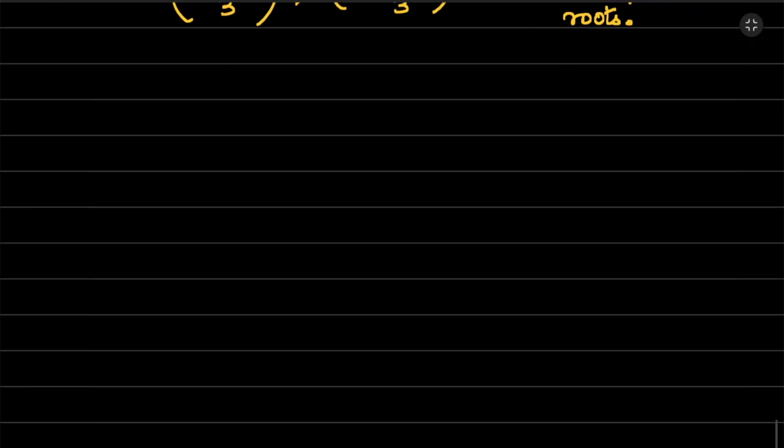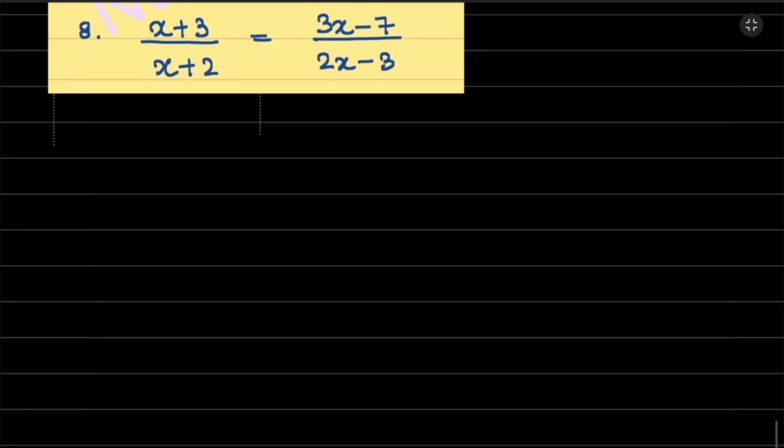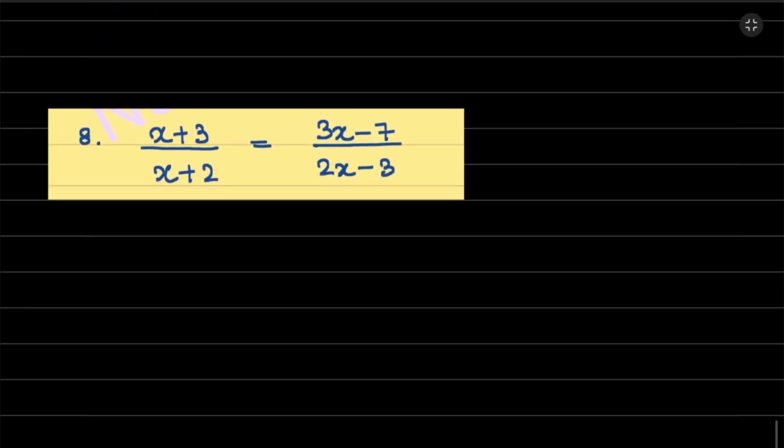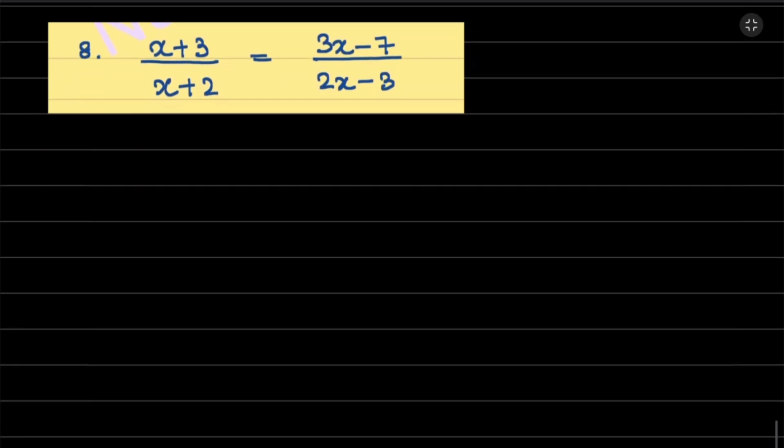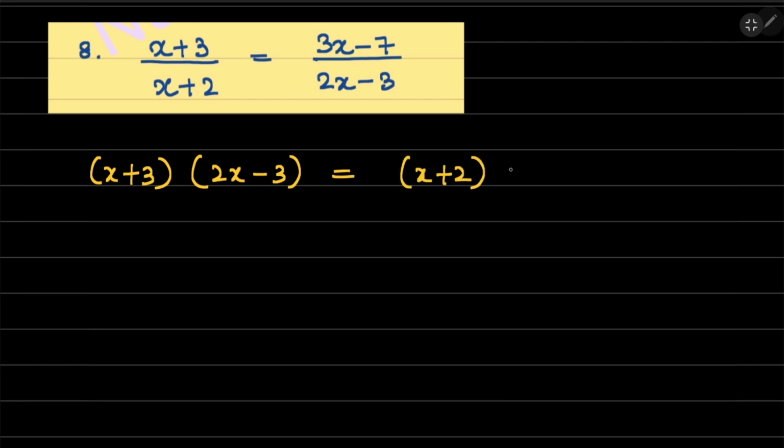Let's move on to the next question, the 8th question. This is quite simple. You just have to cross multiply. Let's cross multiply. So x plus 3 multiplied by 2x minus 3 is equal to x plus 2 multiplied by 3x minus 7. You're just cross multiplying. Open the brackets and multiply each term with every other term.